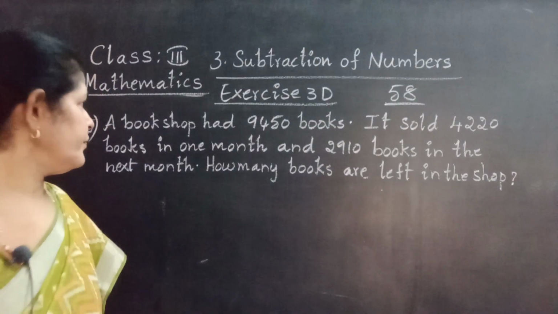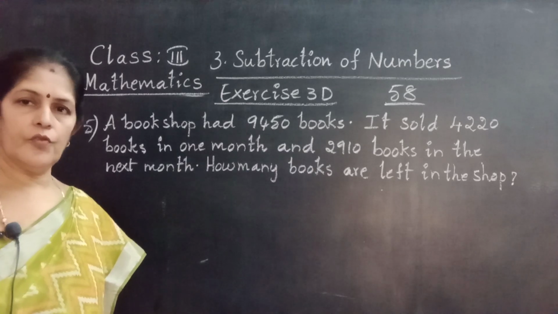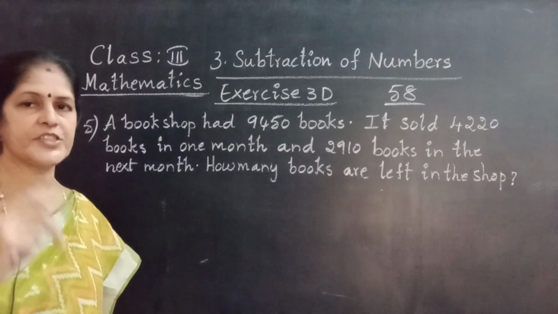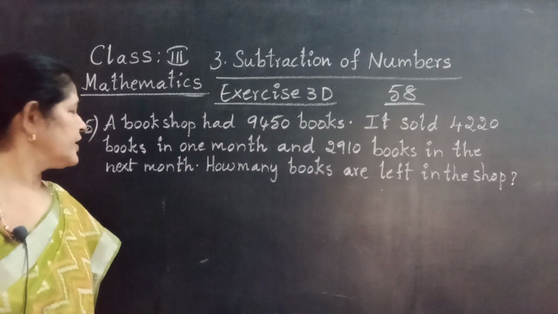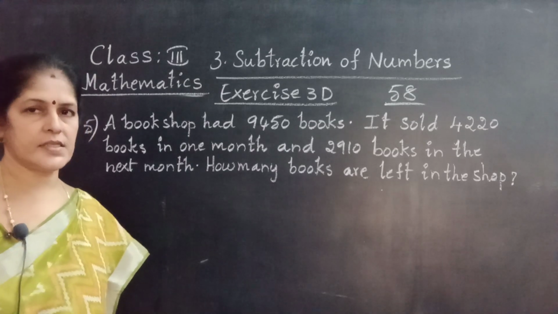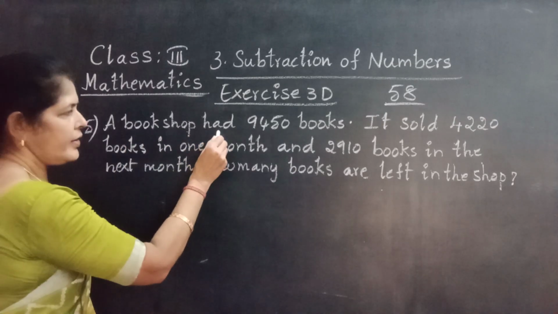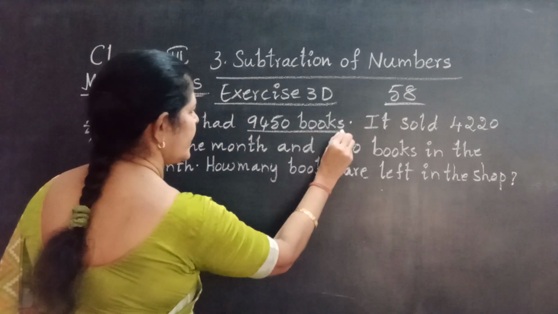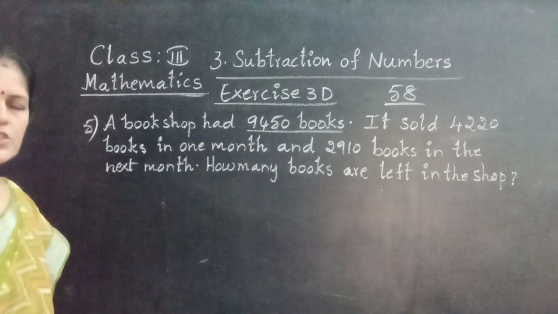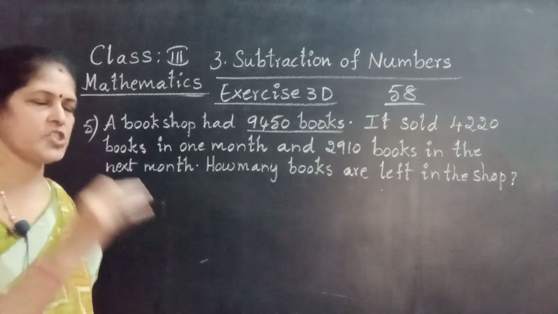Come on children. Continuation of word problem with 2 steps. This is going to be the classwork part. Ready now? A bookshop had 9,450 books. That is the total books in that shop.